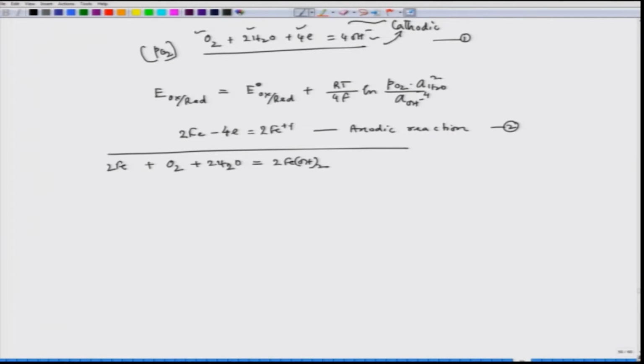Now, even after that, Fe2+ can also go for another oxidation reaction to Fe3+. This is another reduction process that can take place. Whenever we are having Fe2+, we are considering Fe2+ along with OH minus. So, if we consider 2 Fe2+, we consider 4 OH minus ions along with that.